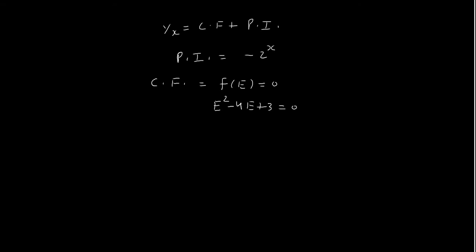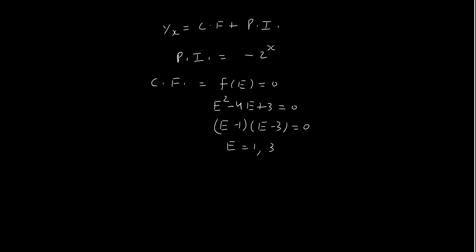If we simplify, what are the factors of this one? The factors are 1 and 3, means E minus 1 into E minus 3 equals 0. So what is the value of E? E becomes 1 and 3.